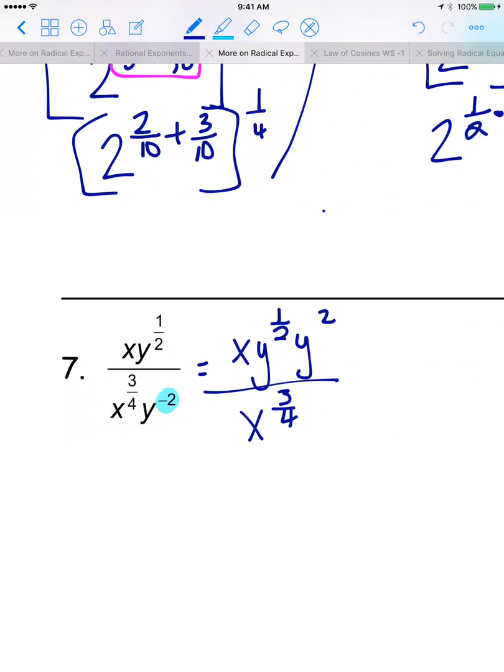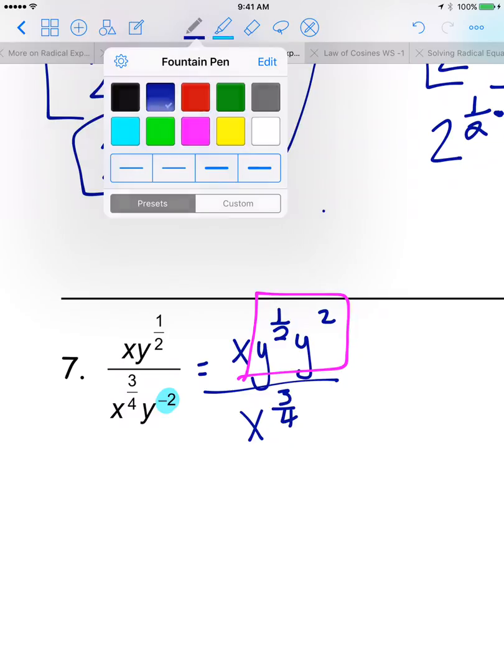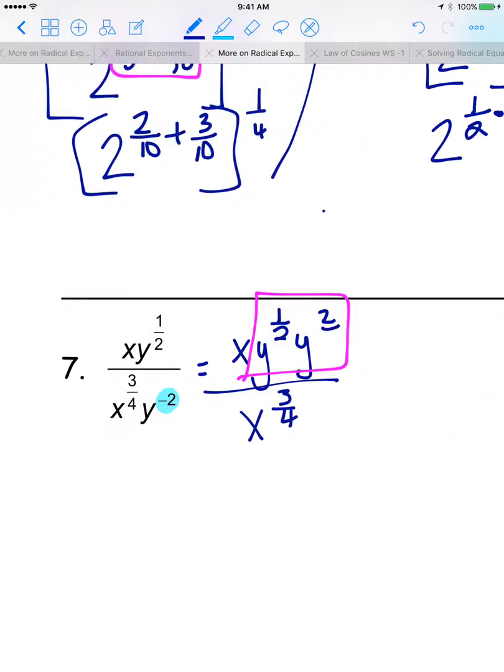So at this point, why don't we simplify the y's? Again, if we're multiplying the same base, we can add the exponents together. But to do that, we need a common denominator, because y squared is over 1.